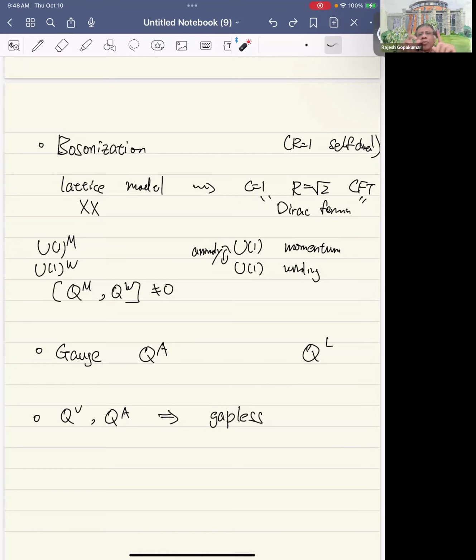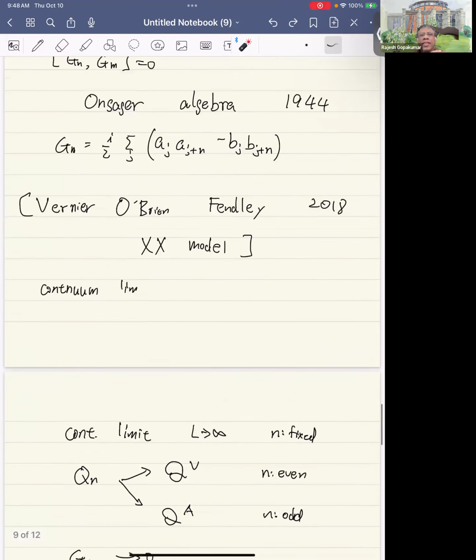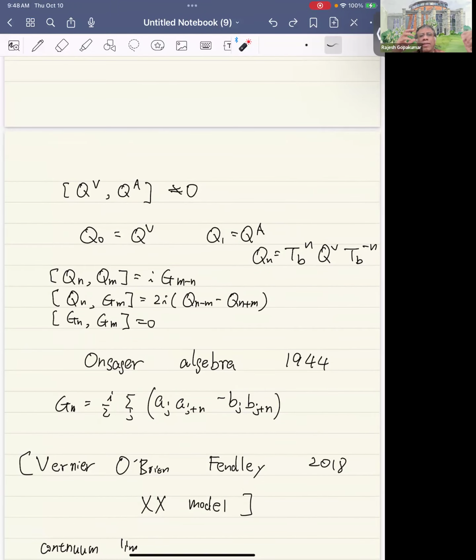So you might have mentioned this, but these Q2 and the higher Qs, which are, as you said, conjugation by higher powers of T. Yes. So for instance, you could interpret Q2 also as an axial charge, or it would have a different quantization.